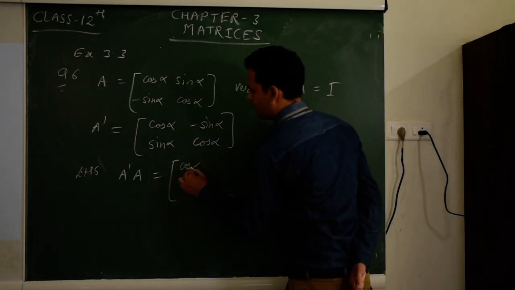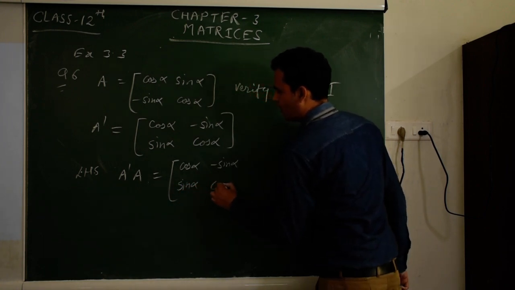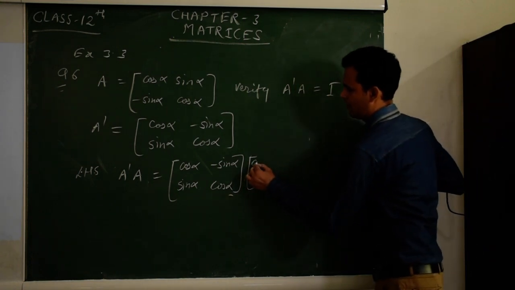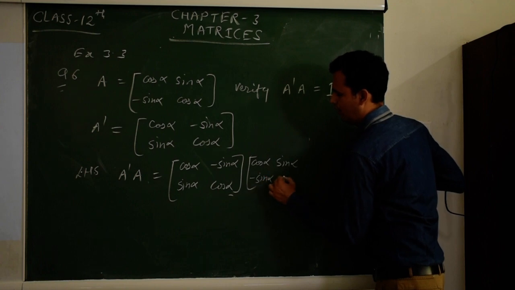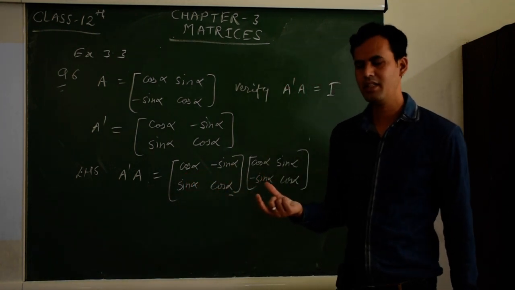Cos alpha, minus sin alpha and cos alpha, multiplied with A: cos alpha, sin alpha, minus sin alpha and cos alpha. So multiplication of two matrices.